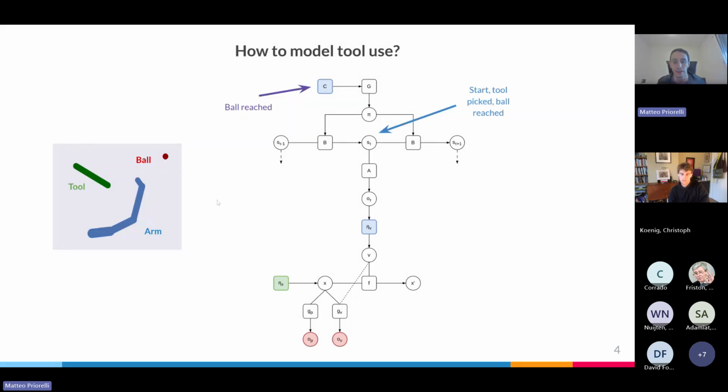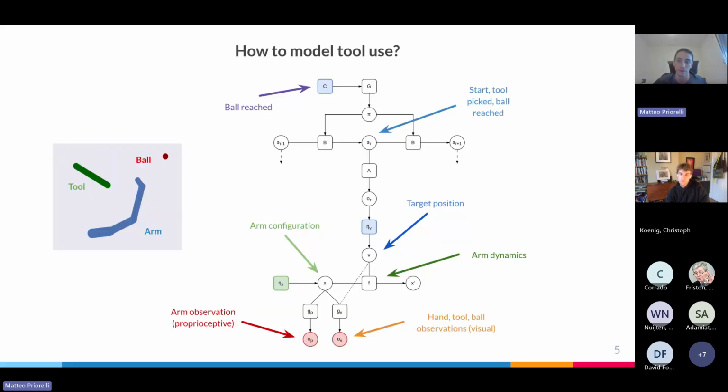We could encode in the discrete states three states, for example, which could be the initial position, the tool picked state, and the ball reached state. And we could encode this third state, the ball reached, in the preference matrix C. Then we usually encode the target position in the hidden causes, which is converted from the discrete model, and we could encode the arm configuration in the continuous hidden states and the arm dynamics in the dynamics function.